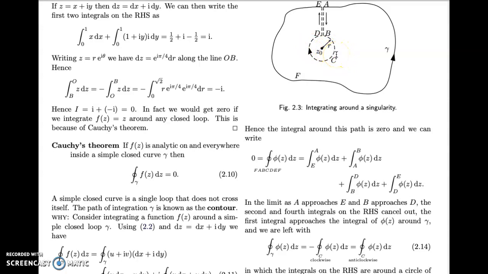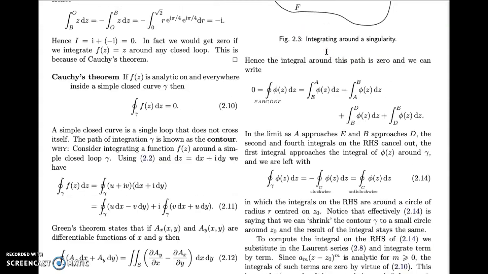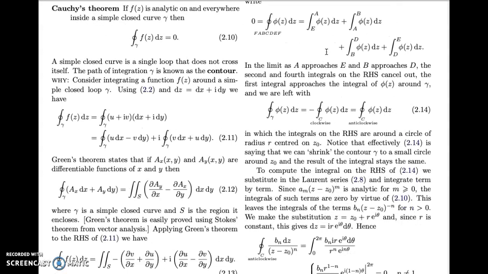So what we need to do now is evaluate the contour integral of a circle around a singularity. To do that, we can make the circle as small as we like, which means that we can use the Laurent series, which describes functions with singularities, near to the singularity.